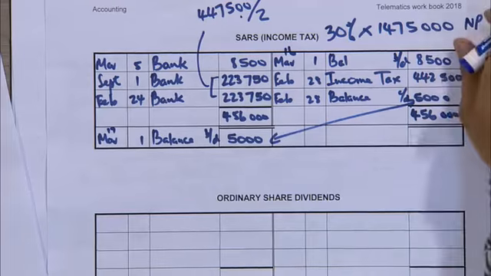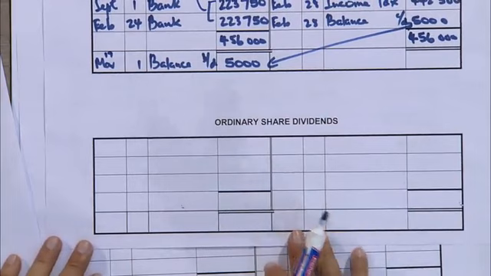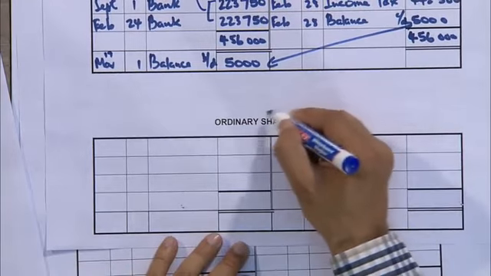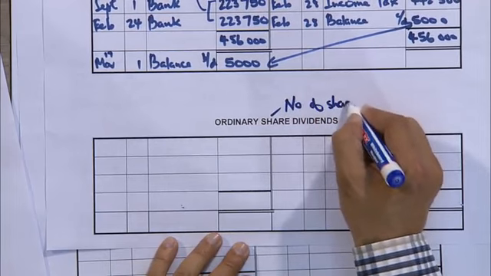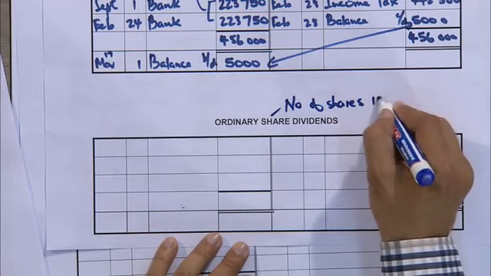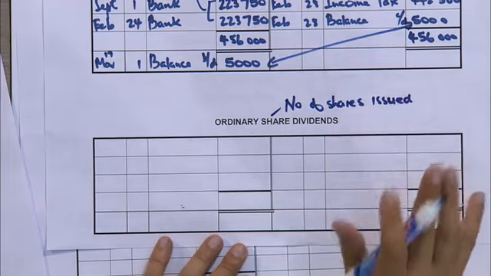But then the next account that they want us to do is the ordinary share dividends account. What's very important here, I need to know the number of shares issued, or the number of shares in issue, so that I can determine the dividend, because the question will always tell you so many shares were issued and a dividend was declared at so many cents per share.